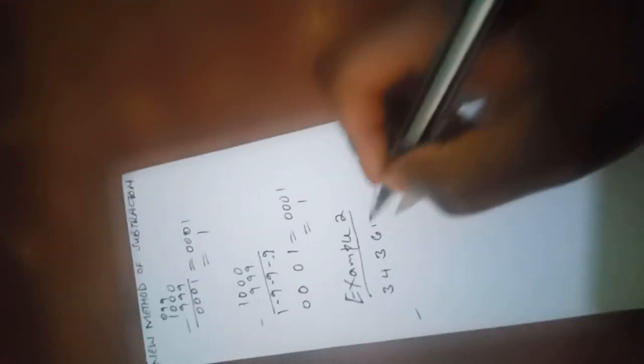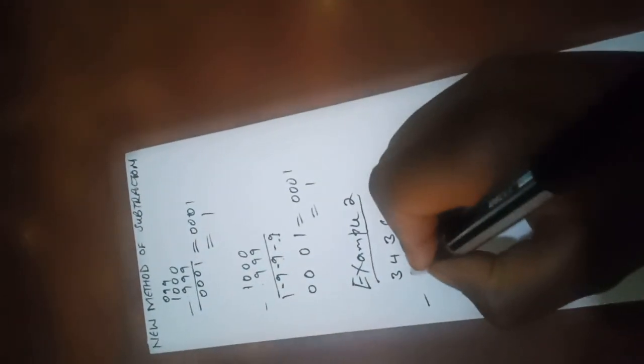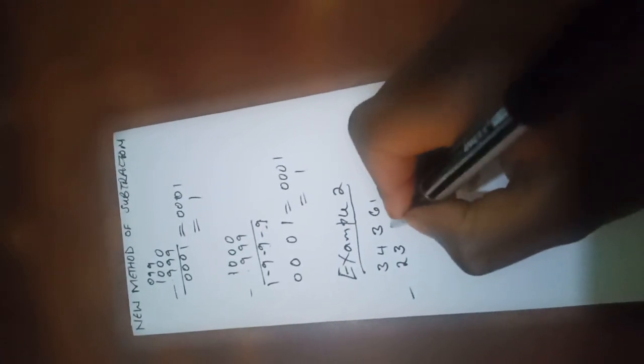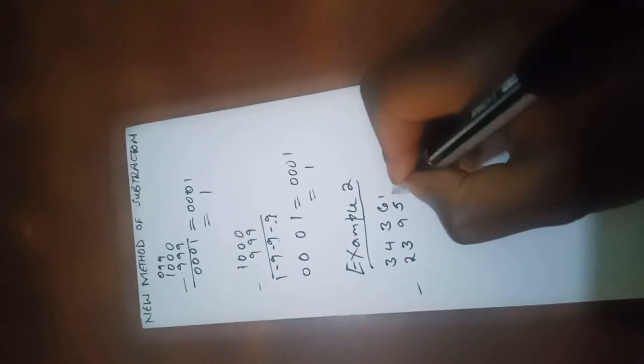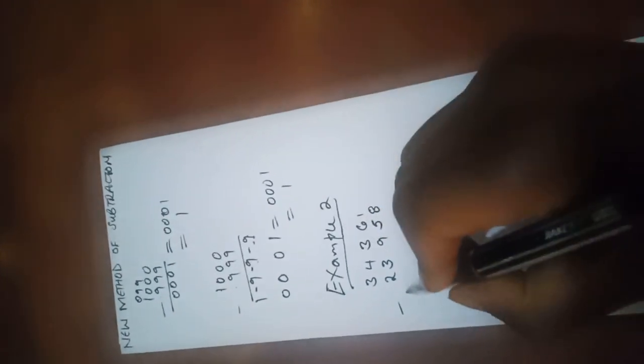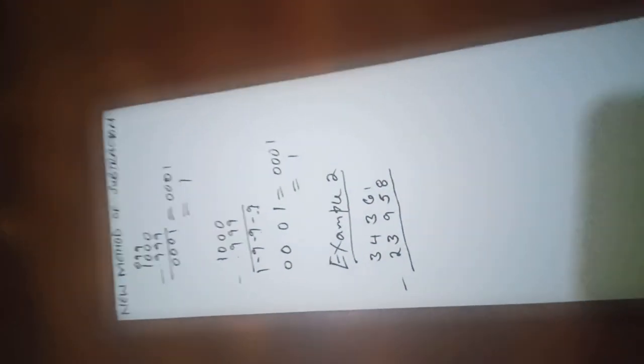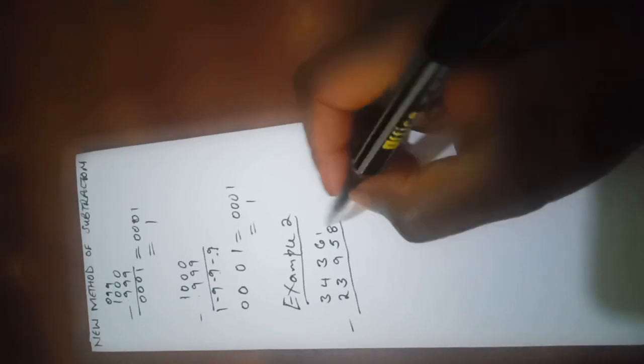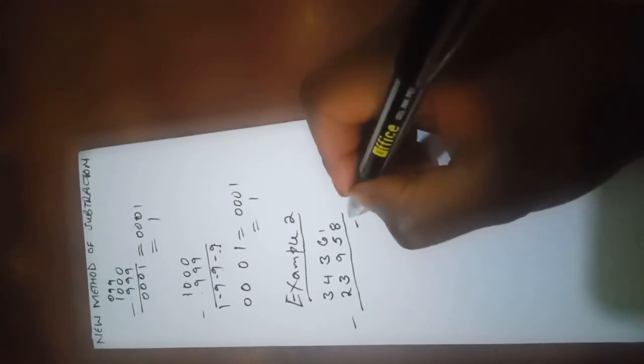We subtract 23,958. So we begin from the rightmost digit, which is 1. We subtract 8, we will get -7.